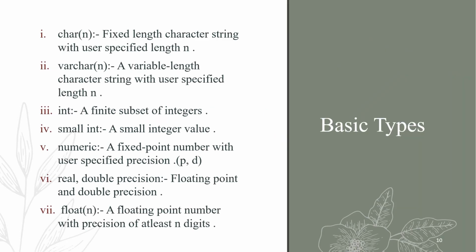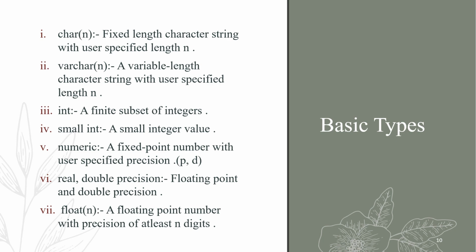Basic types. What are the basic types in SQL? Char, varchar, int, smallint, numeric, real or double precision, float. Char is a fixed-length character string with user-specified length n. Varchar means a variable-length character string with user-specified maximum length n.